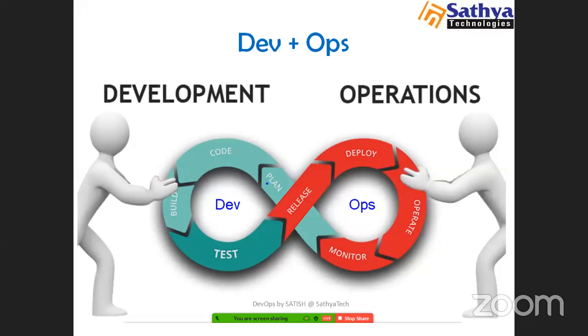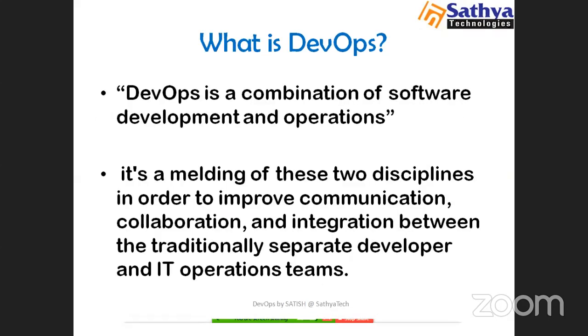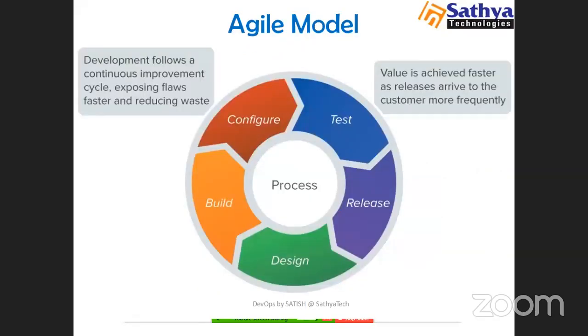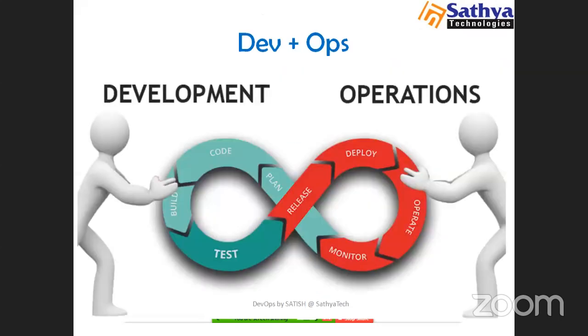Just do plan, code, build, test, release, deploy, operate and monitor. You'll get continuous development and continuous operations. So this agile cycle is extended towards operations. Then we got a new cycle. What is this new cycle? DevOps. Is it clear? Earlier we had the agile cycle, now it is extended towards operations.